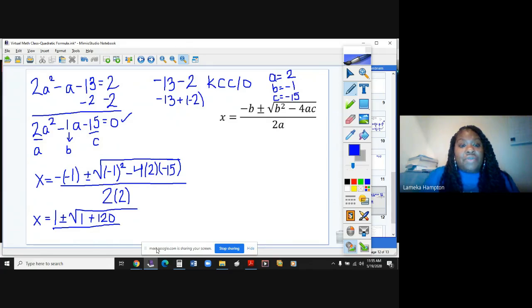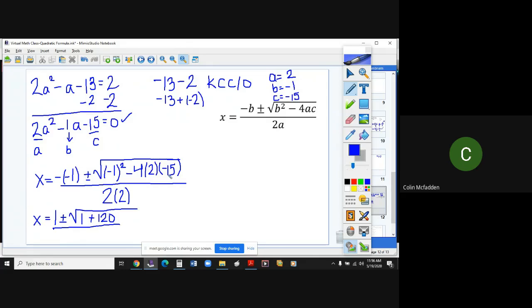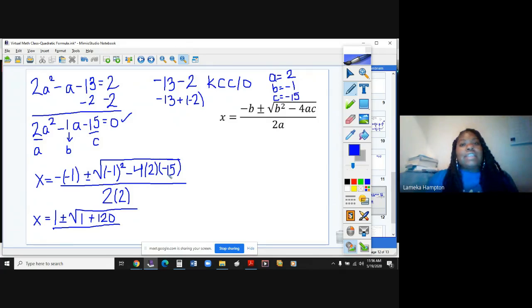Negative 8 times negative 15 is still going to give me 120. But the reason I did it this way was because I knew that a negative times a negative gave me a positive. Oh, okay. I saw you do it that way before, and I didn't understand why you switched it up this time. So I understand now. No, and that's not a problem.